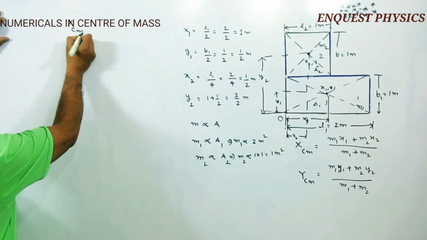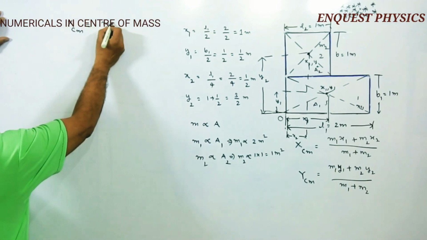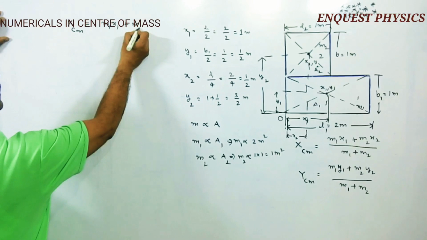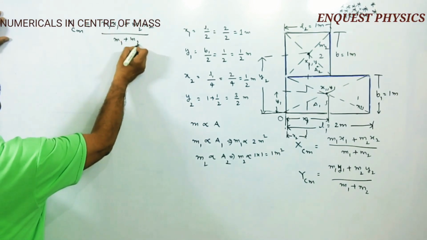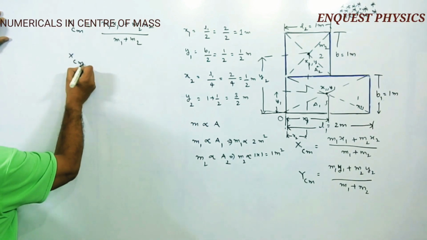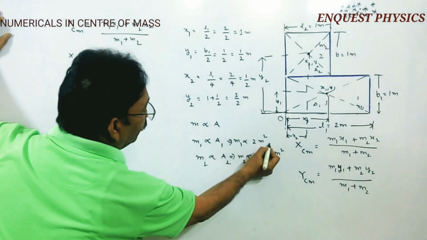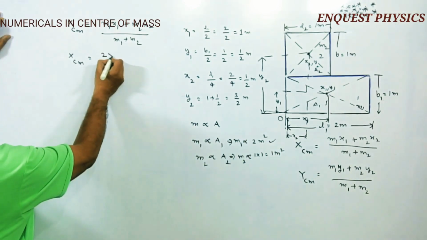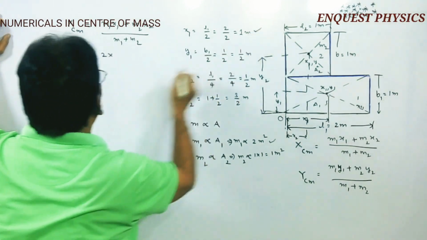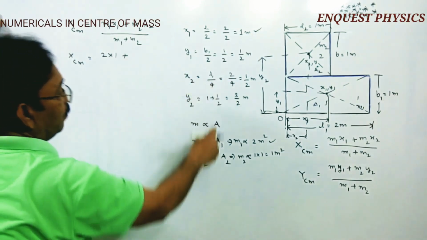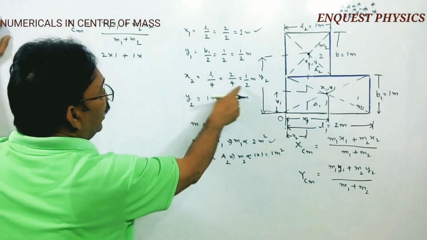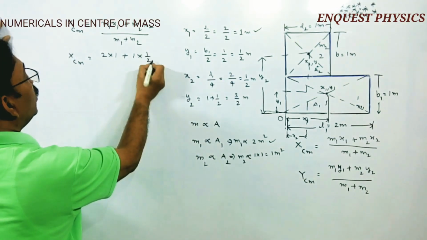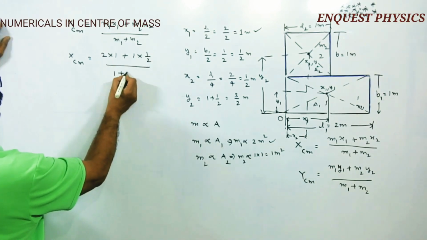xcm is equal to m1 x1 plus m2 x2 by m1 plus m2. Let's put the values. m1 is 2 units into x1 which is 1, plus m2 which is 1, and x2 which is 1 by 2, divided by 1 plus 2.